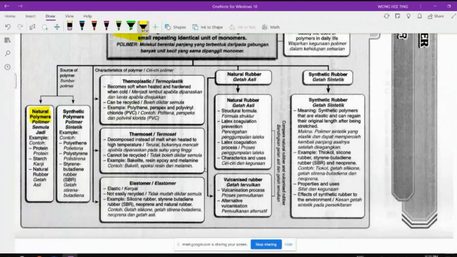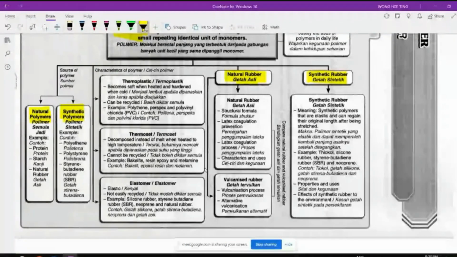Then after that, we are going to discuss natural polymers and synthetic polymers. Natural polymers are like natural rubber, and then we are going to discuss synthetic polymers. Under synthetic polymers, we are going to look at thermoplastics, thermosets, and then elastomers.